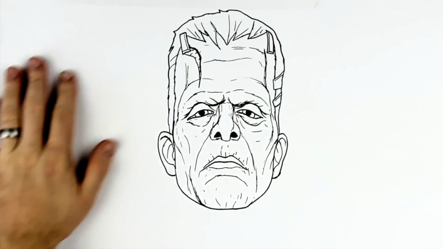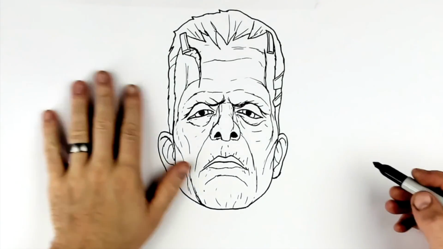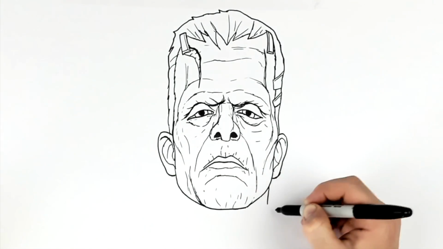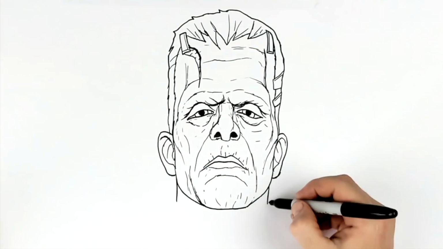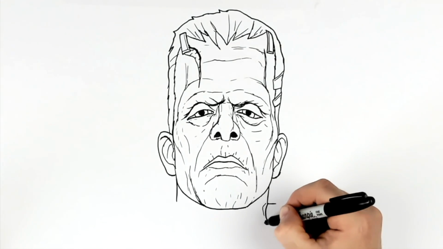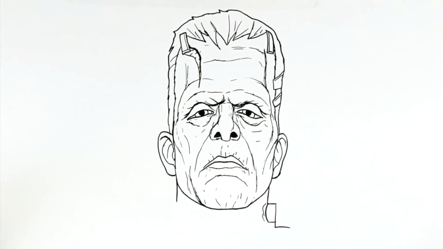Like that. Okay, so neck and neck bolts. So we'll go down here, right? And he's got a real wide neck, right? So the bolts kind of stick out here from his neck, and you can do some skin coming out this way.